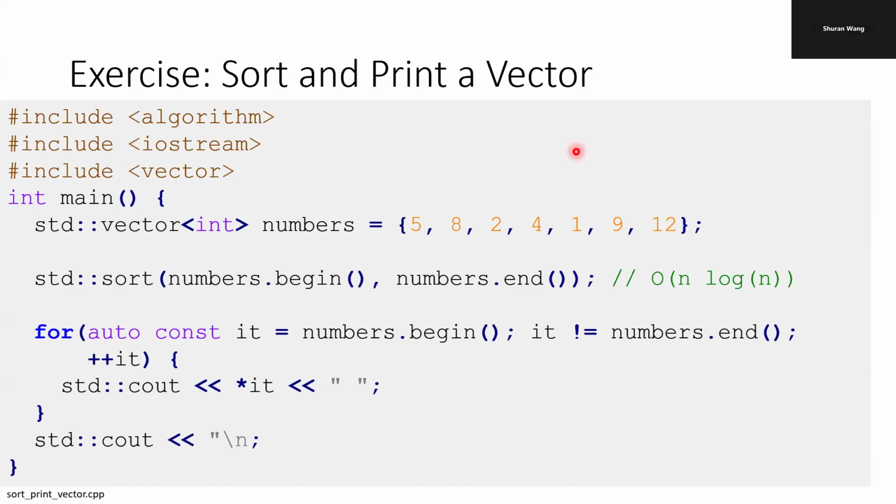If you want to change it to descending order, you should be specifying the operator for comparison. And we use this to output the resulting vector after sort. You can test this piece of code and see what it's doing, and play with the sort function to see whether you can change the order of the sort or anything.